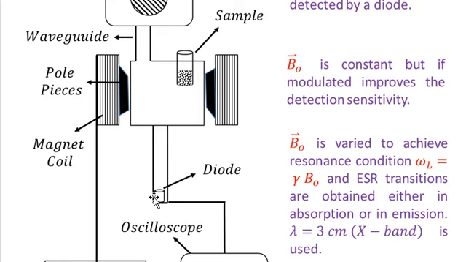This dip will indicate that some of the microwaves match with the energy gap of the sample, and will be absorbed. So by measuring the energy of the microwaves, we can find out the energy gap between the two levels of the sample. So the electron spin resonance between the two levels of the electron can be determined very precisely by measuring the energy of the microwaves.